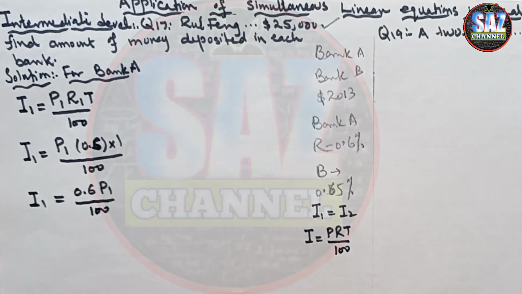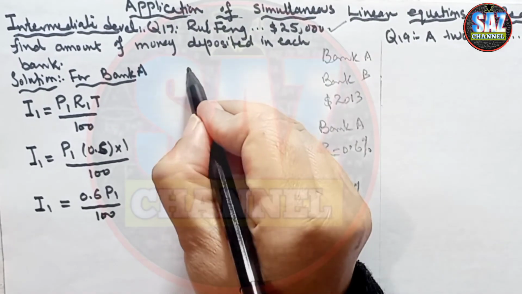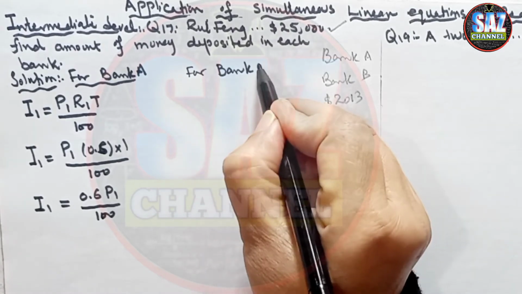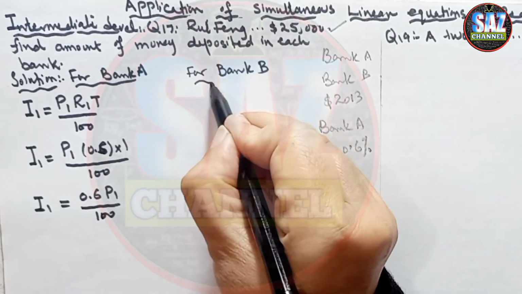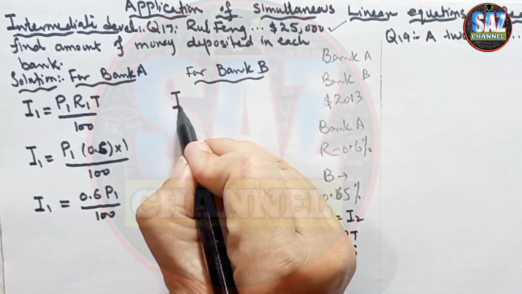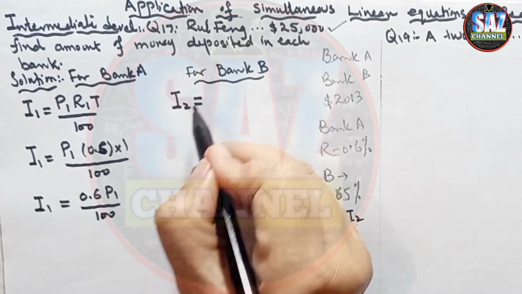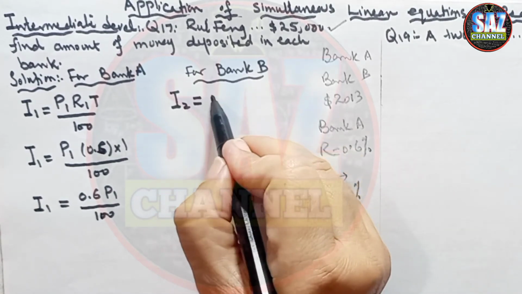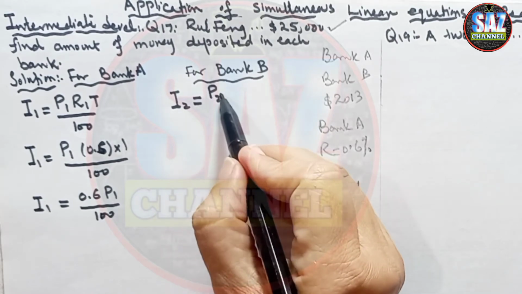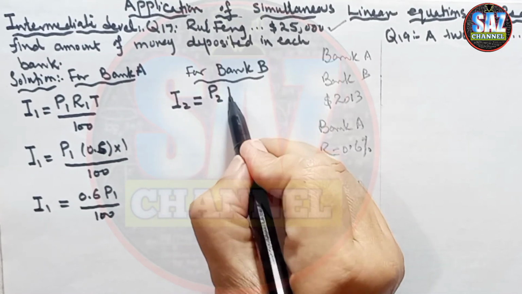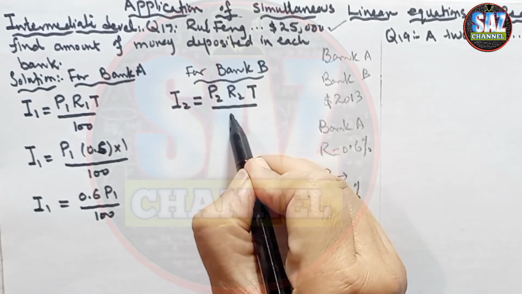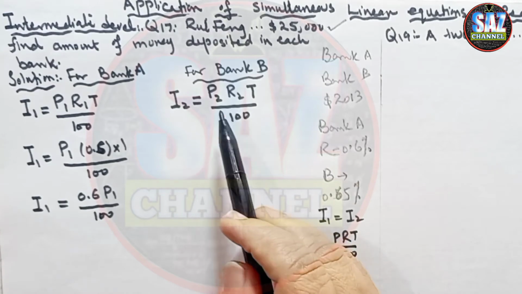Now let's talk about Bank B. For Bank B, we do not know how much amount we are keeping. So I2, the interest that he will be getting from Bank B, the formula will remain the same, but instead of principal we are using the letter P2, rate R2, and time 1 year, upon 100. Why am I using P2?